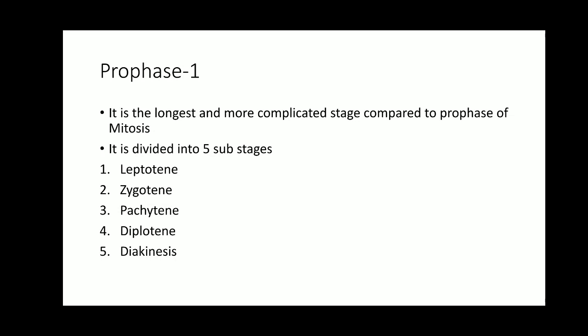Because it is not a simple prophase, it is subdivided into 5 substages: leptotene, zygotene, pachytene, diplotene and diakinesis. So prophase I itself is divided into 5 substages, which is not the case in mitosis.